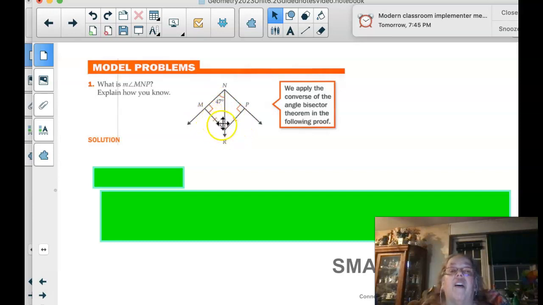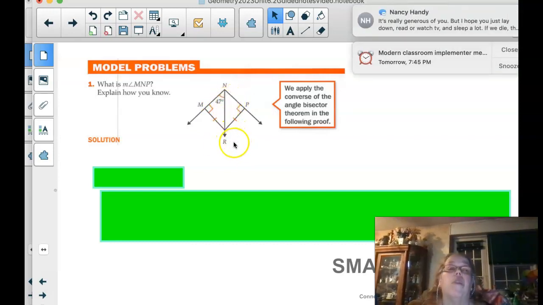Since the sides are equally distant, M and P are equally distant from line NR, and they're perpendicular to these sides, so if you remember, we're going to have two congruent triangles, so therefore, NR is the angle bisector. So since it's the angle bisector, if this one's 47, this one's 47, put it all together, and 47 times 2 is 94, correct?